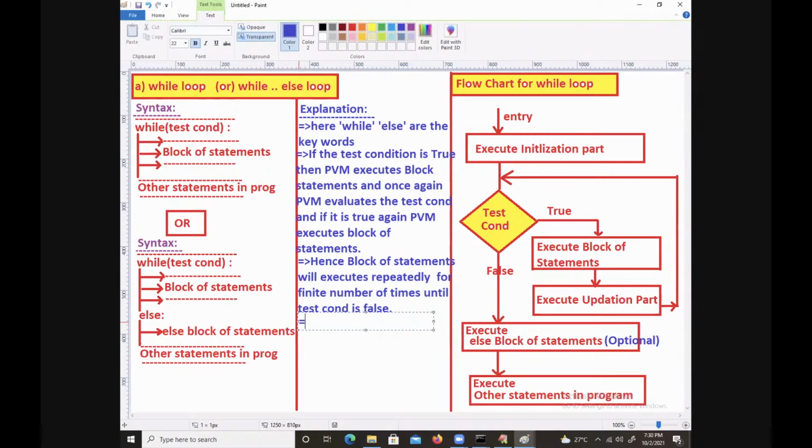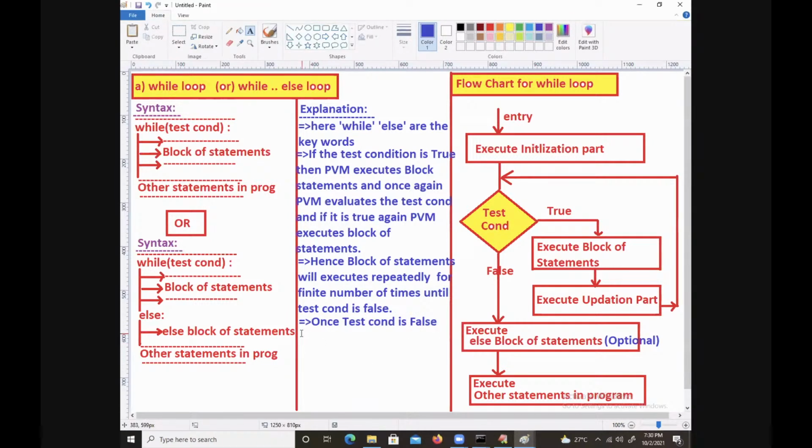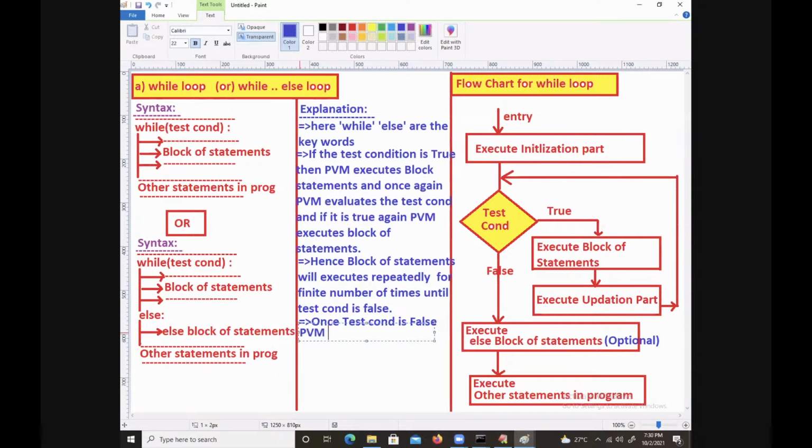Once the test condition is false, do you know what is happening? PVM executes the else block of statements and later executes the other statements. The updation part I am not writing; in the block of statements only, that updation and everything will be continued.